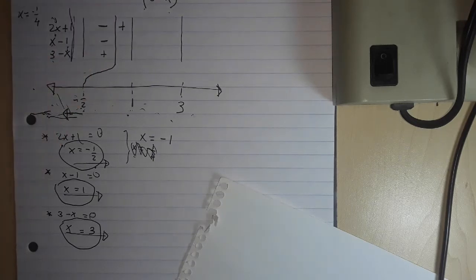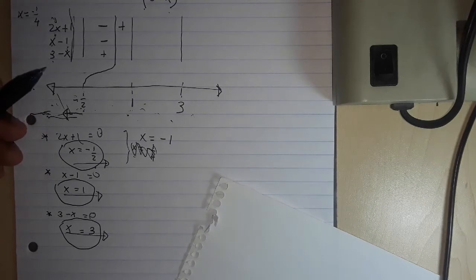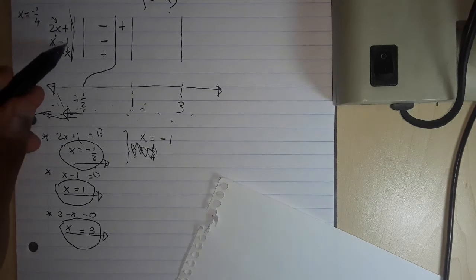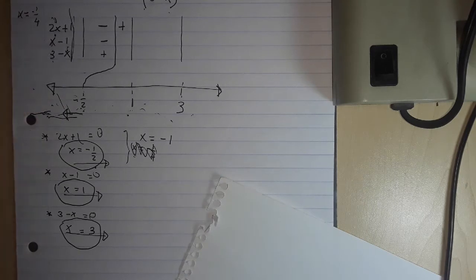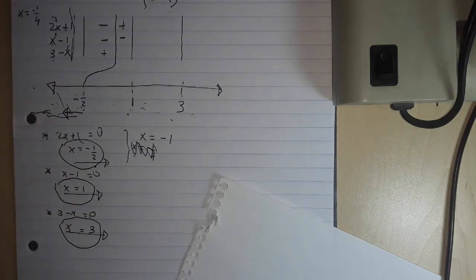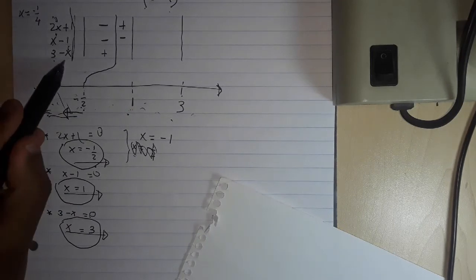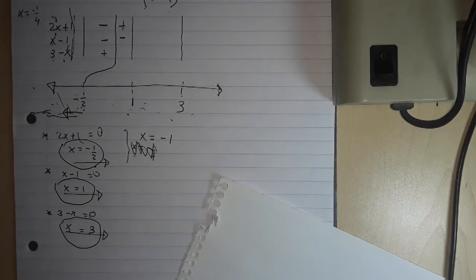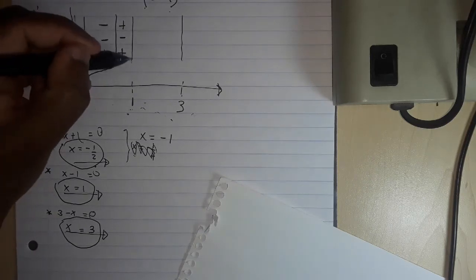And then if we take the same thing here, we put minus a quarter minus 1, we get a negative value. So this will be negative. And then we take the same minus a quarter in 3 minus a quarter, which is a positive value.